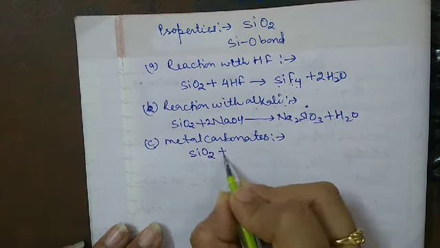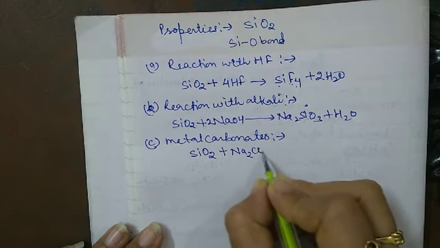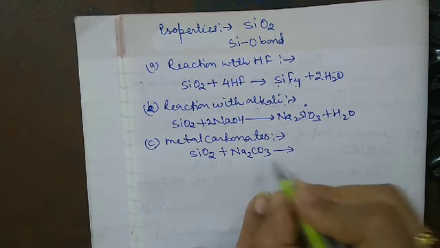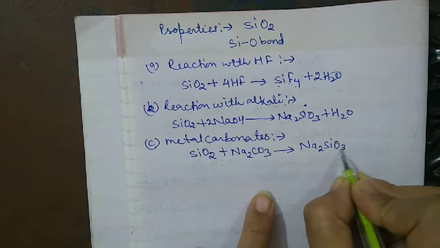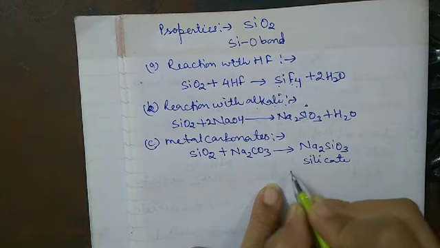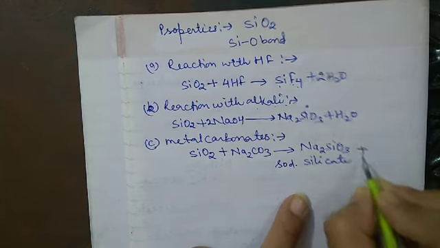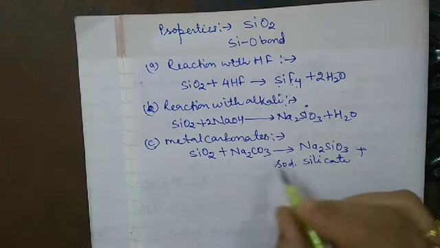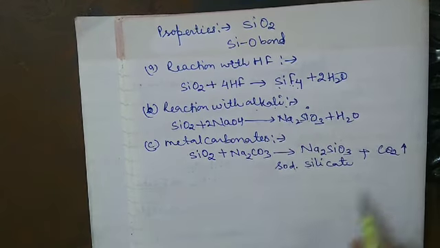When it combines with the metal carbonate, for example sodium carbonate, Na2CO3, it forms Na2SiO3, the formula for sodium silicate, and what is left is CO2, two oxygen atoms, with the liberation of carbon dioxide gas.